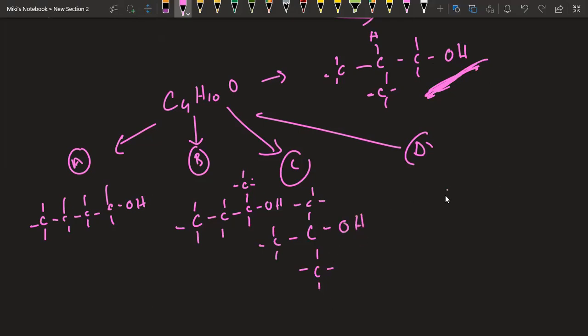Yes, another could be, what could be another possibility? Is there any possibility? Yeah, this alcohol could be in some other group. So let's say, oh no, that cannot be the case. If that's the case, then we are just repeating itself. What else could be here? Let's see.